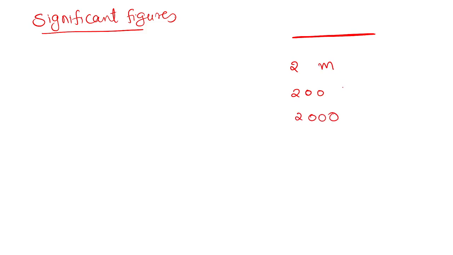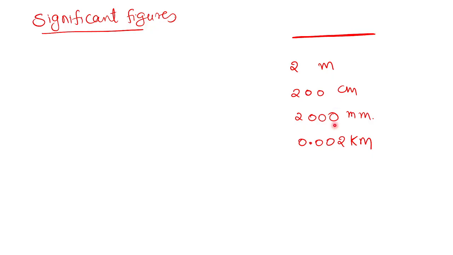Another person measured it, he got 0.002 kilometer. Okay, the unit they can decide. You may be thinking that all of them are different. Are they different? Are all these numbers different?